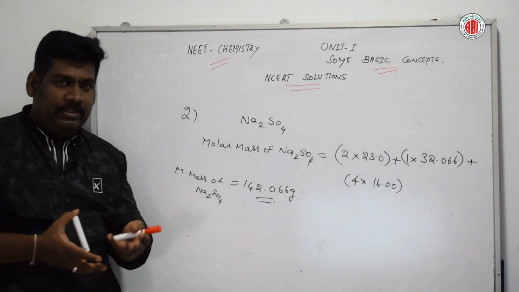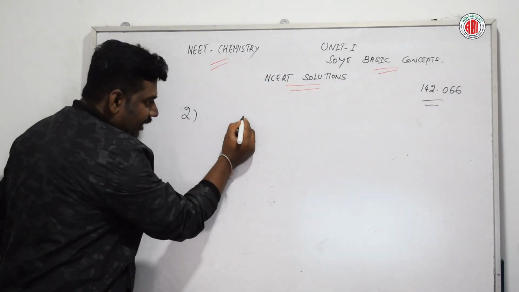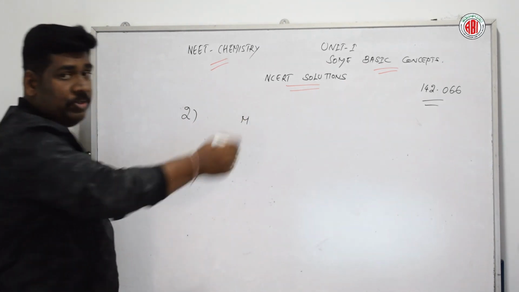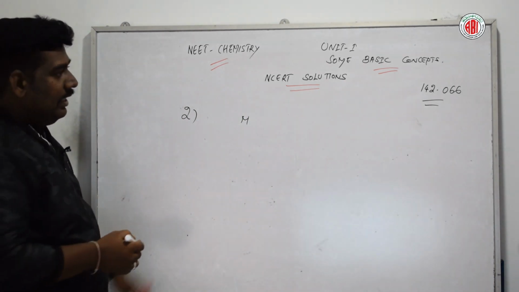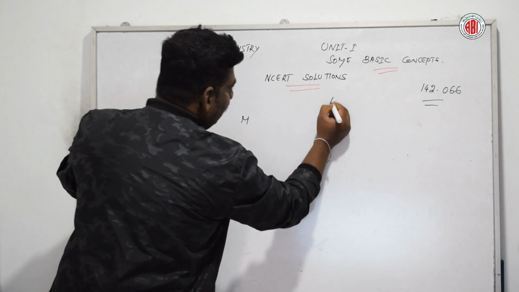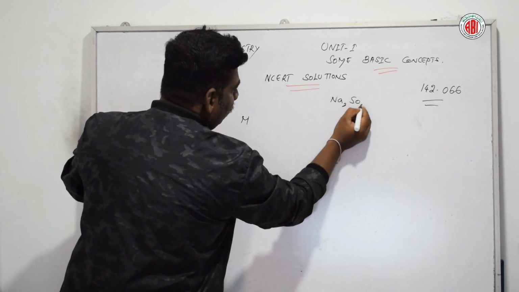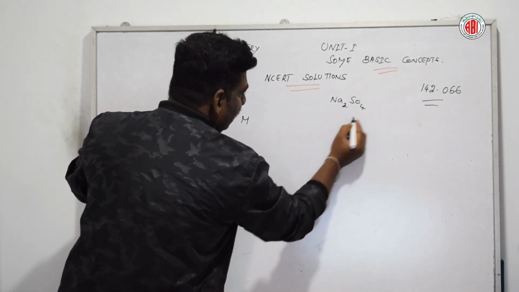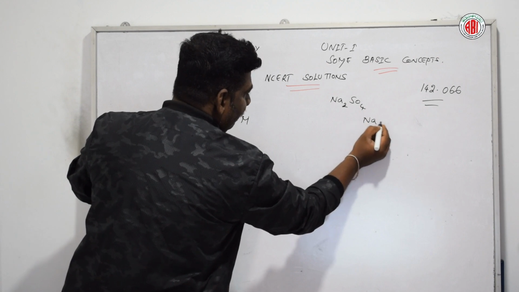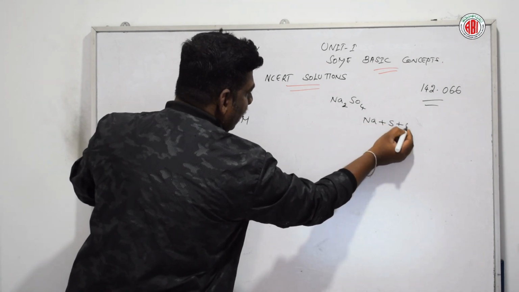Now we are going to find the mass percentage. We are using a formula. We are going to find the mass percentage of the individual elements present in this compound. In sodium sulfate, Na2SO4, how many individual elements are there? 3 are there: sodium plus sulfur plus oxygen.